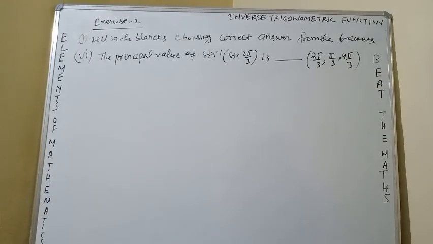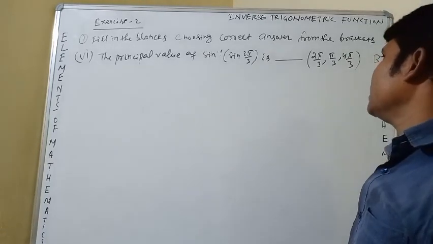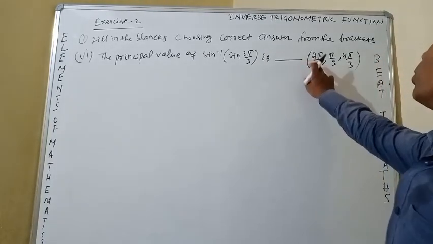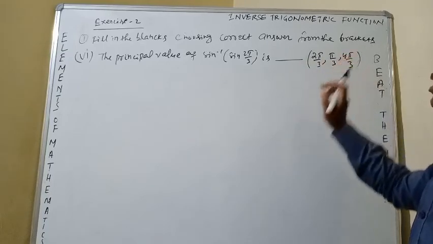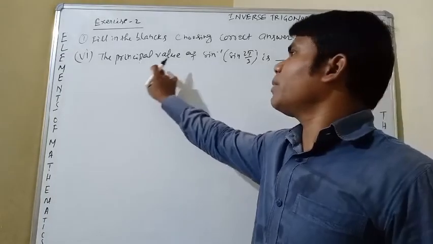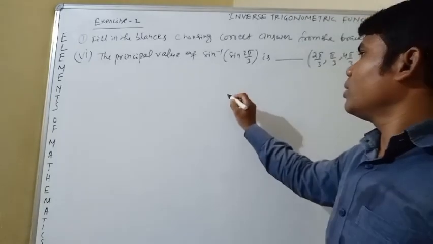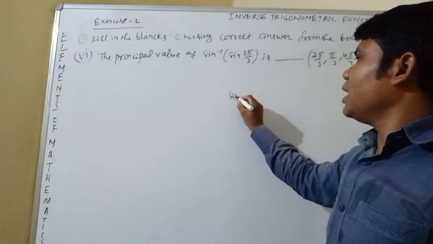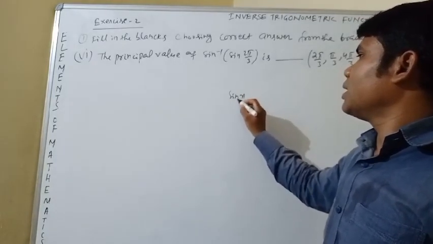You see the next question. The principal value of sine inverse sine 2 pi by 3 is dash: 2 pi by 3, pi by 3, 4 pi by 3. You see principal value. What is principal value? Suppose sine inverse x is given.